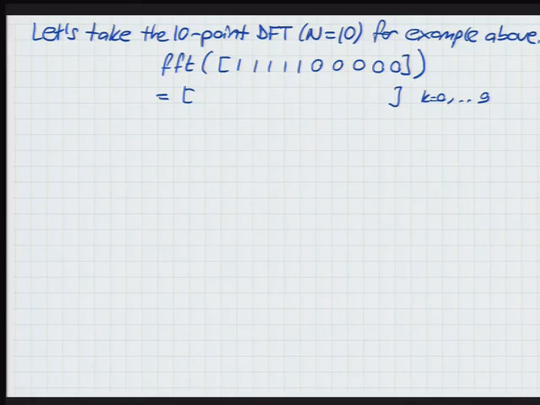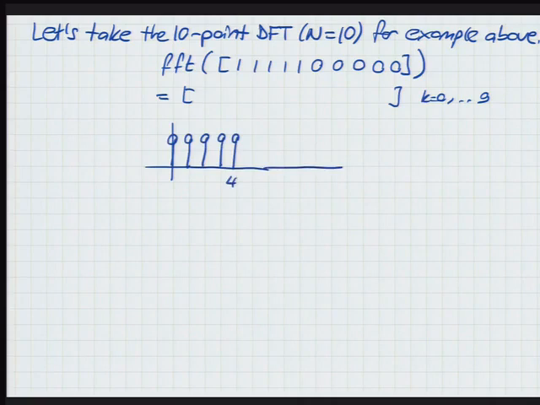Taking the 10-point DFT of our signal, which was simply ones for a length of 5, ending at 4, and we padded 5 zeros, right? Taking the DFT of this length 10 signal is the same as finding the Fourier series coefficients of its periodic version, which I generate by a simple copy-paste.